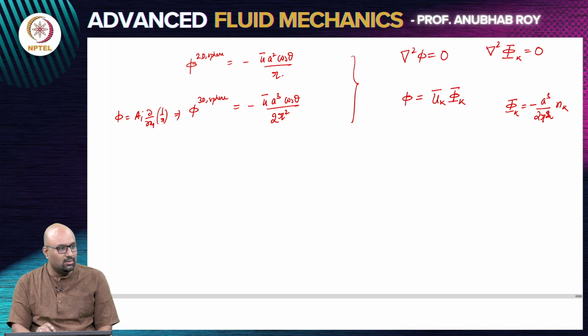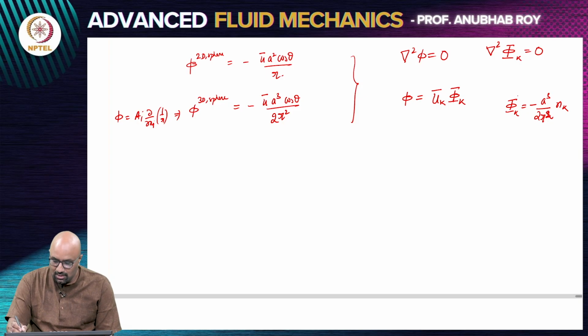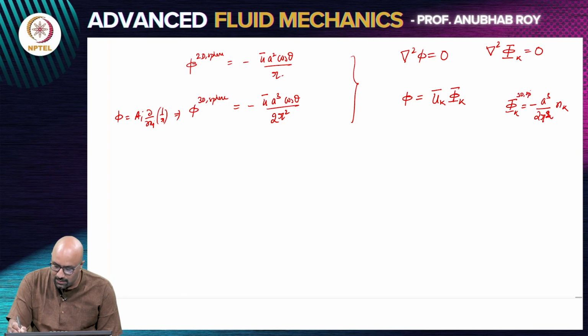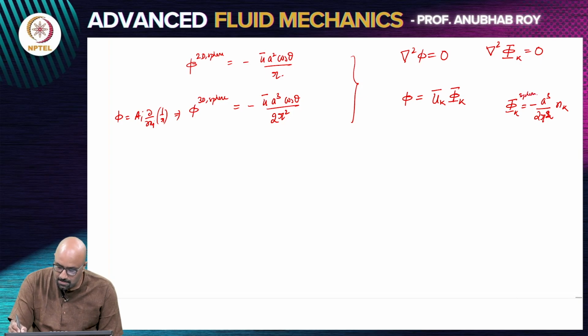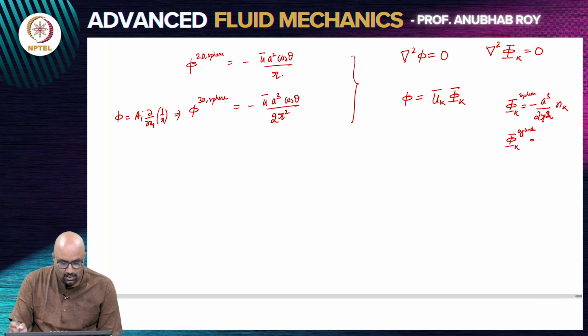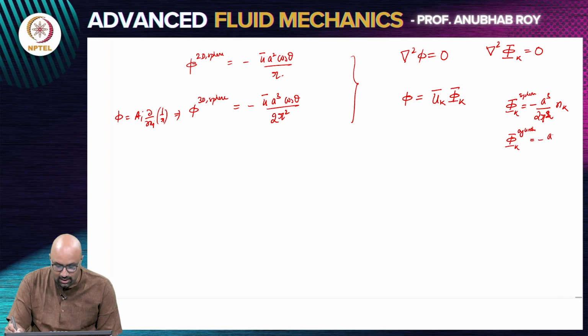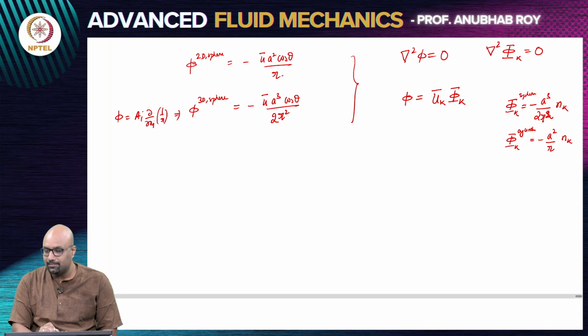That's the normal for the sphere. Actually, I don't need to keep saying 3D, I'll just say sphere. And for a cylinder, you can read it out from there. It is minus a square by r nk.